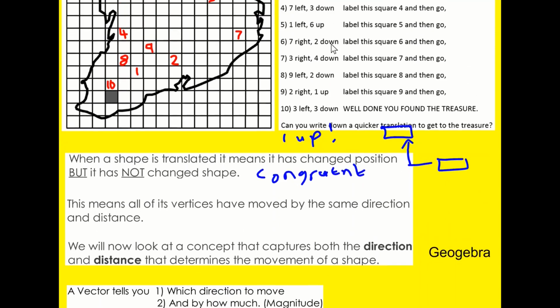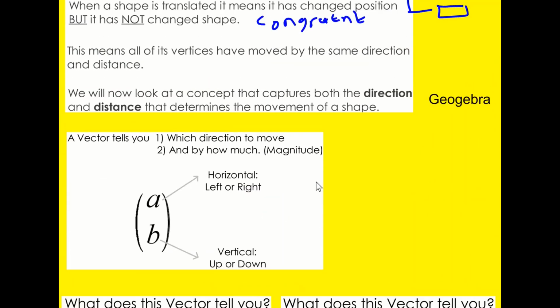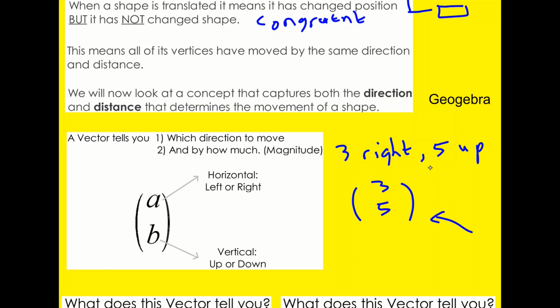So if I was going to look at moving 3 right and 5 up, then instead of writing that, I would write it like this: 3, 5. And you would look at that and know what that means. It's a more concise way of writing it.